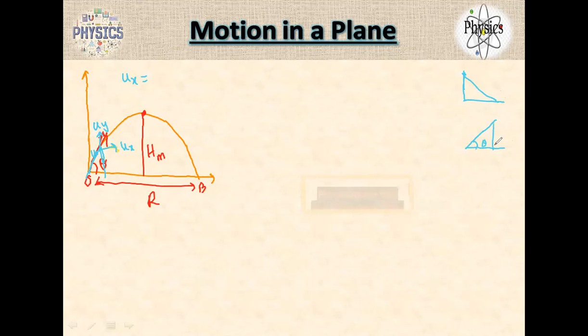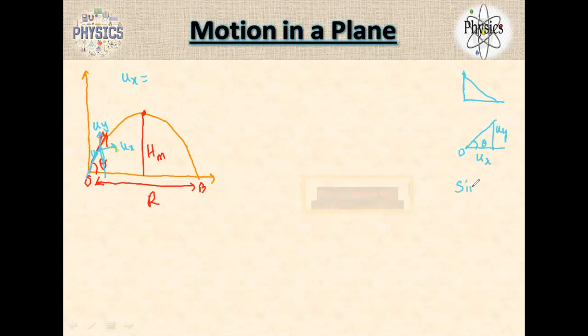This is the horizontal velocity, and the vertical velocity I can write as uy, because I'm just taking the vertical y direction. From this, I have to write sine theta. What is sine theta? Does anybody know the definitions of sine theta and cos theta?